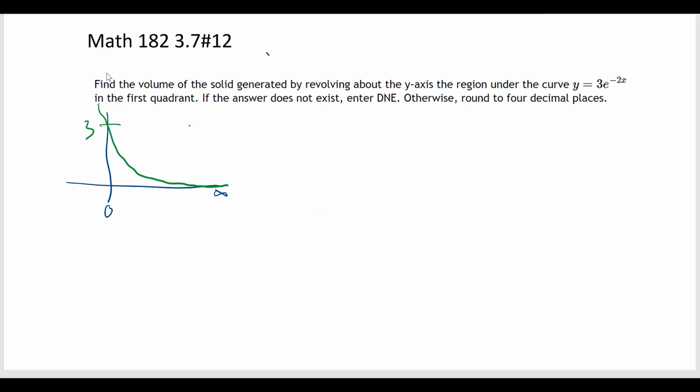The way I set this up is I went with the shell method, because we have this height here, that's our p of x, or h of x, whatever, and then our r of x is just x. So I came up with the formula. The volume is going to be 2 pi times the integral from 0 to infinity of x times 3e to the negative 2x dx.